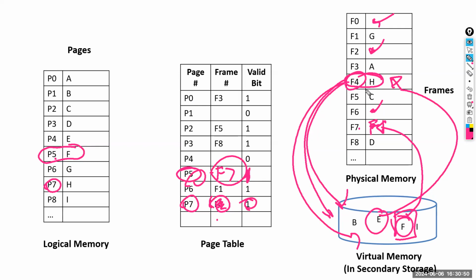Once you have a valid frame for a valid page, that means there's a valid physical address for the logical address. If there's no valid frame, there is no valid physical address for the logical address. In that situation, that particular memory chunk must be taken to a frame, and only then can the memory address translation be done.